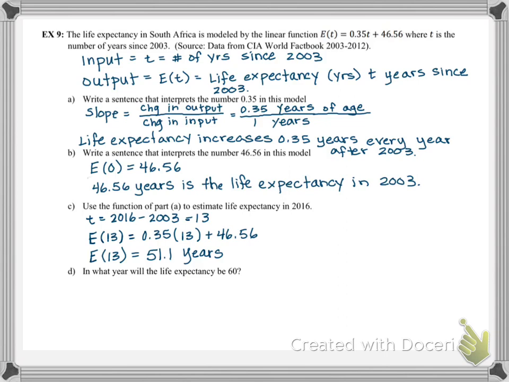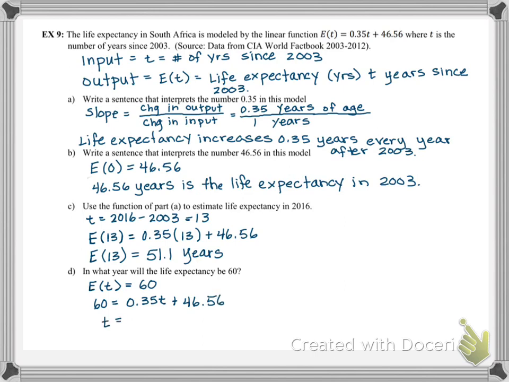And then for D, they've given us the output, so E of t is equal to 60. So that's saying set the entire function, so the right side of that, equal to 60. So we have 60 equals 0.35t plus 46.56.